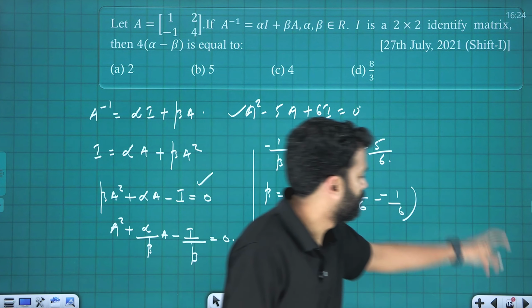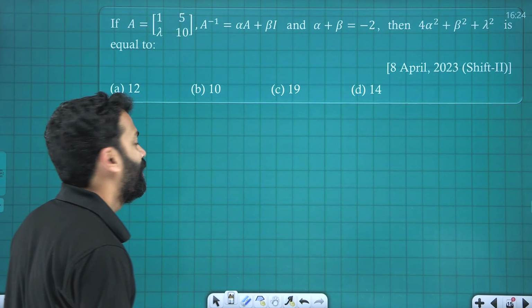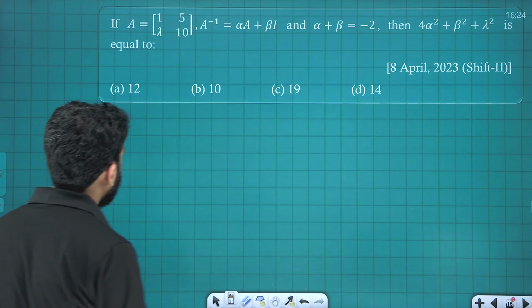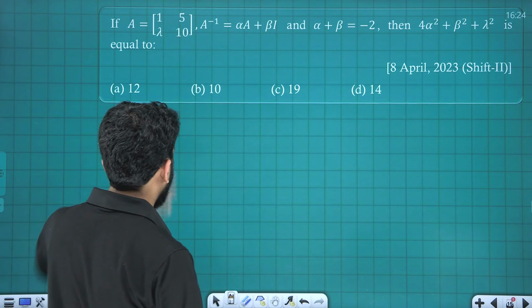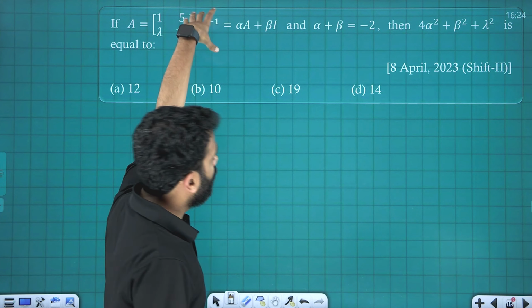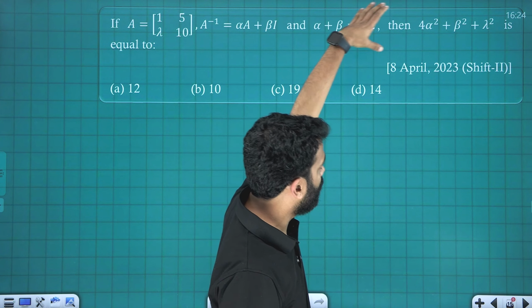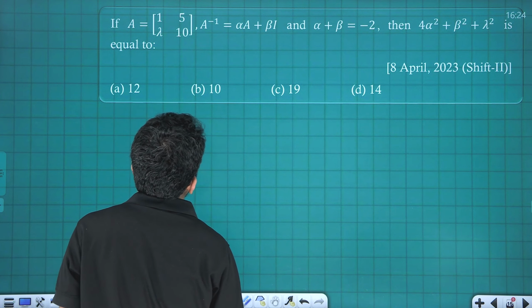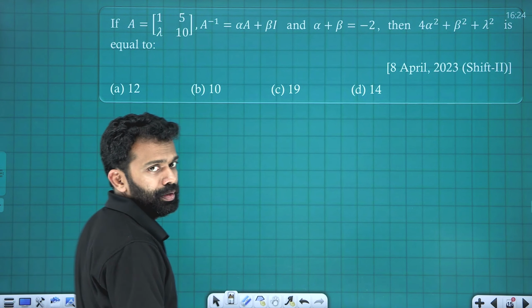And the next one. Yes. And what will you do for this question? 2023 question. Okay, a square matrix is given and one among those entries in the matrix is an unknown parameter, that is lambda. And A inverse is also given exactly like before, and alpha plus beta is given, and you need to find 4 alpha square plus beta square plus lambda square. So you need to find all the other parameters, right?